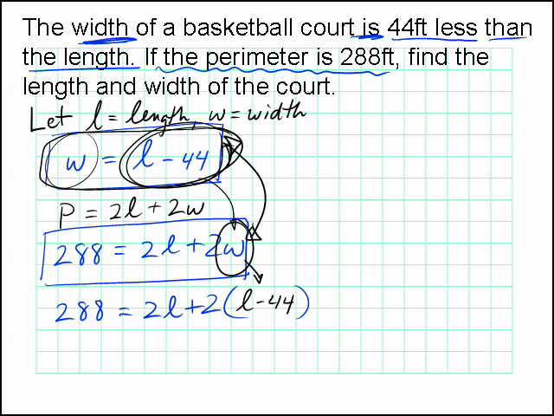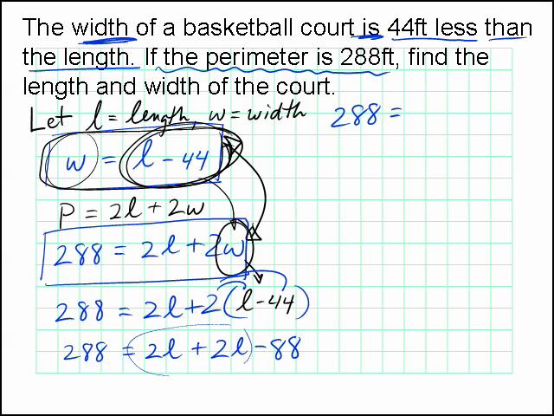I can now solve this equation for L. So I'm going to now distribute the 2, so I have 288 equals 2L plus 2L again minus 2 times 44 is 88, so minus 88. Combine your like terms. I've got 2L plus 2L is 4L, so 288 equals 4L minus 88.